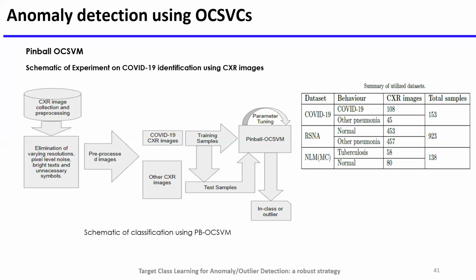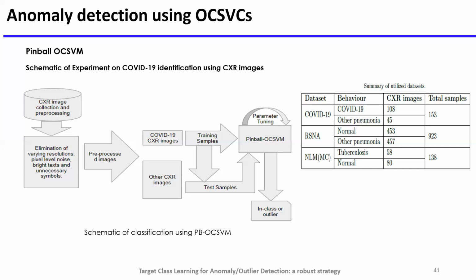But suppose we have only COVID-19 samples, and we want to diagnose whether the person belongs to COVID-19 or not, it is going to be a tedious task. So this problem was resolved by this one class classification model.